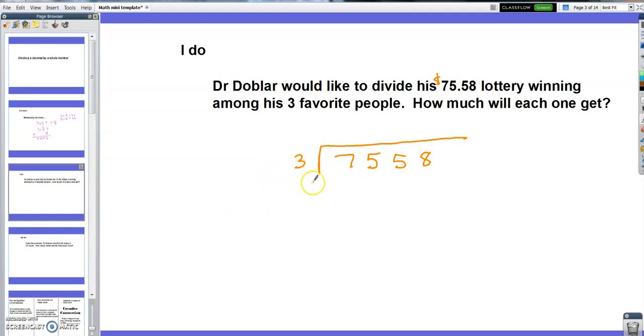So here I go. I'm going to do 3 times what to get 7? I think I'm going to do 2. 3 times 2 is 6. A little standard algorithm review. Subtract and make 1. 15. 3 times 5 will give me exactly 15.